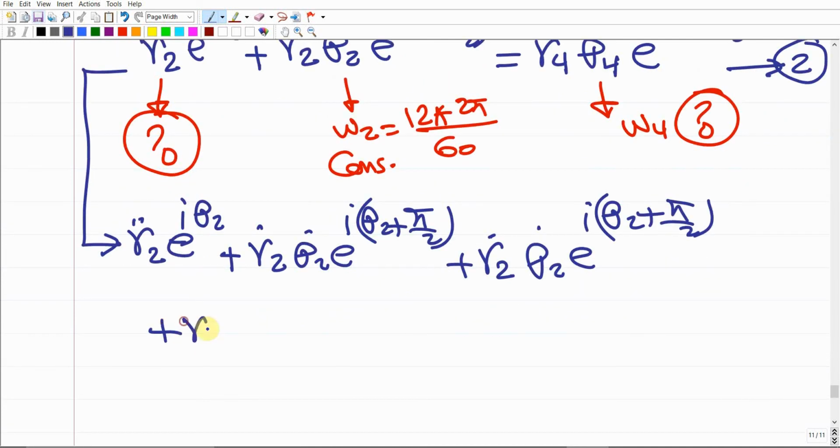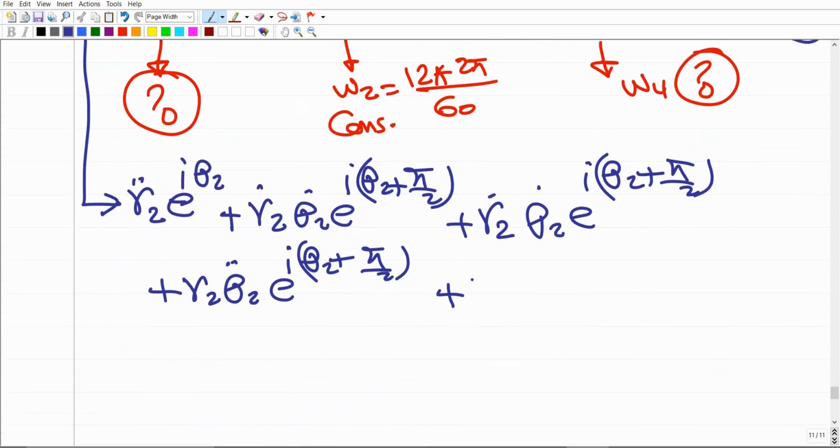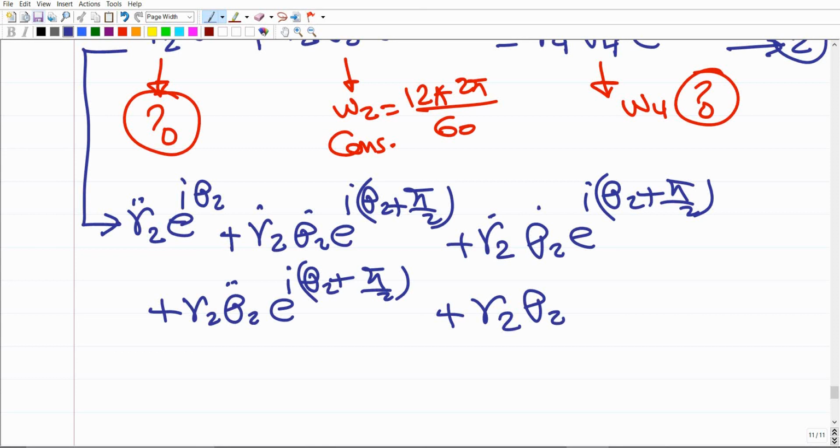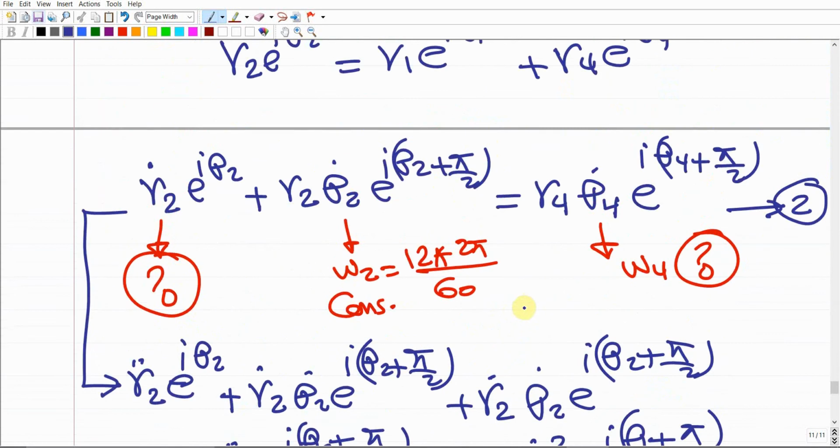So plus R2 theta 2 double dot e^(i(theta 2 plus pi over 2)), and we do have here the theta 2. So this is going to give us R2 theta 2 dot squared e^(i(theta 2 plus pi)), and this is going to be the normal component of the acceleration.